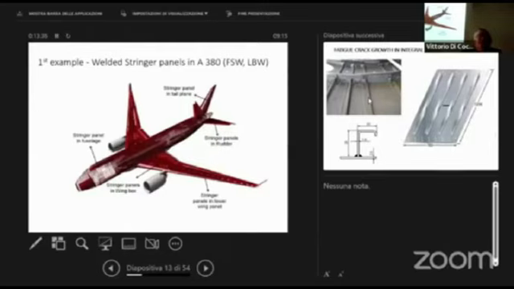The first one is about welded stringer panels, which are used in the A380, and they are welded either by friction stir welding or by laser beam welding. In the case we are considering today, it is laser beam welding. You can see in this slide which parts of the A380 are constructed using these stringer panels.